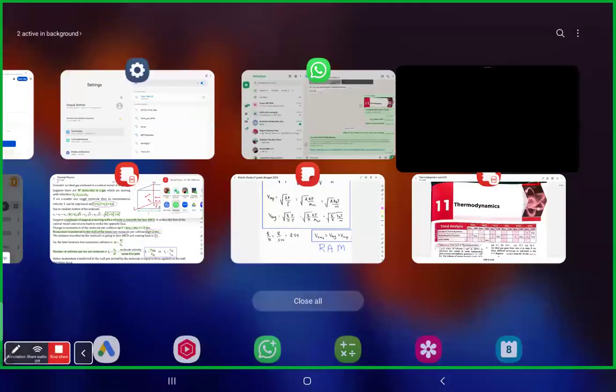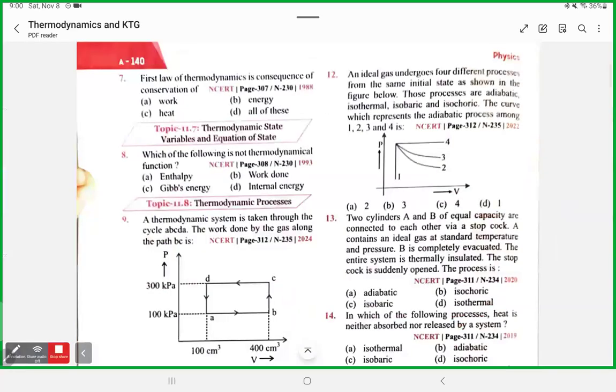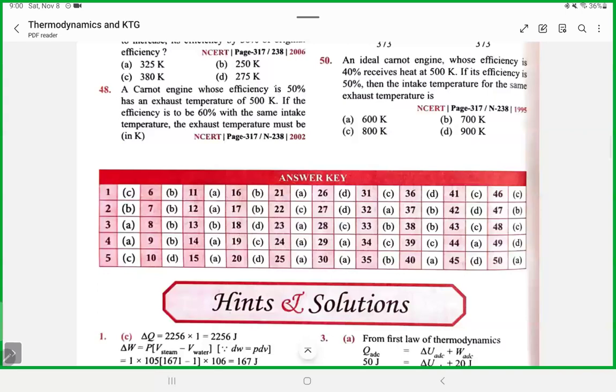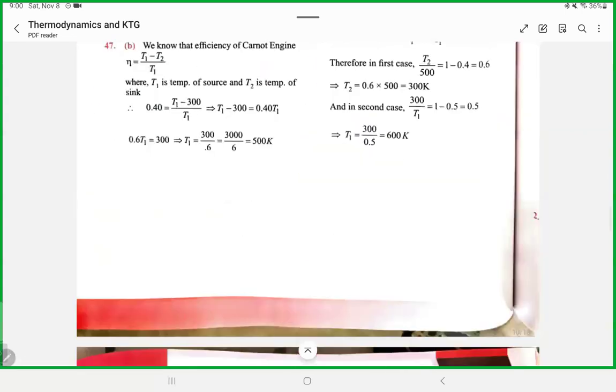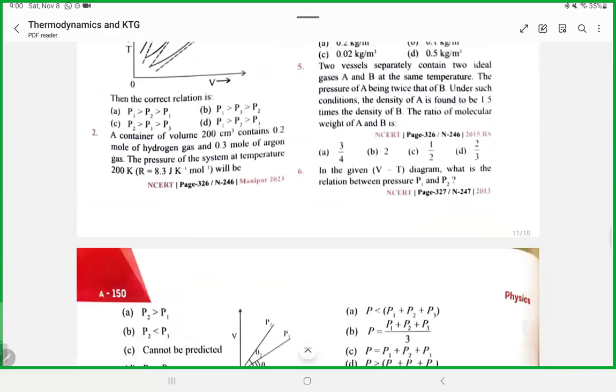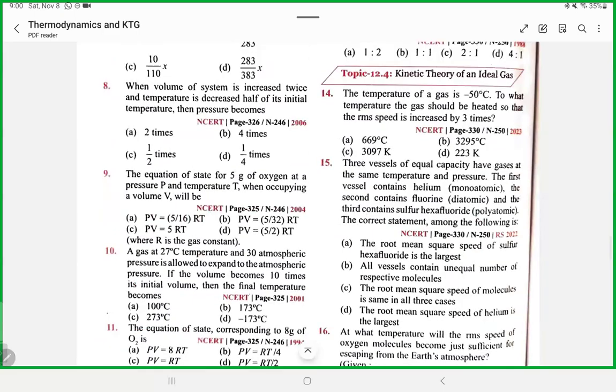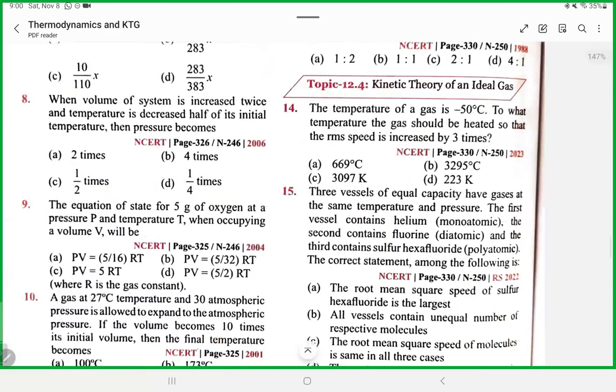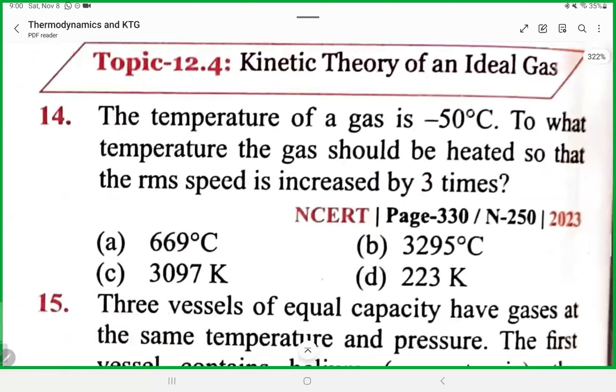Unit and measurement, waves, thermodynamics. KTG questions, especially from this topic. Remember, this year we'll solve a lot of questions even beyond this PYQ. But I want to show you PYQ क्योंकि this question is from 2023.